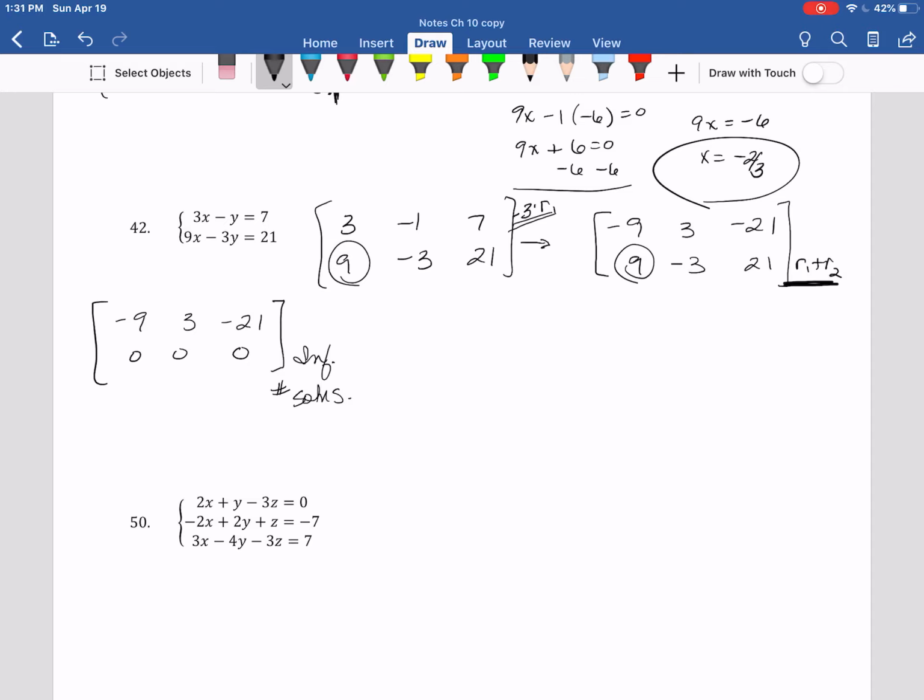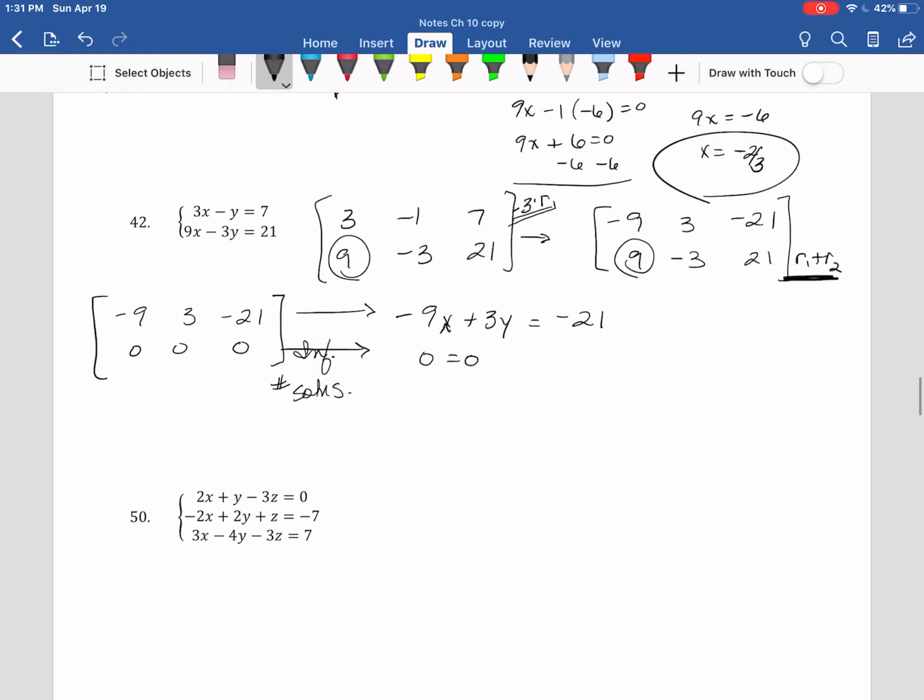So if I rewrite my top row as an equation in the same order for x, y, and equal sign, the bottom row is an equation. Technically, this is what it would look like. 0 is equal to 0. Okay, so that is another reminder of why we've got an infinite number of solutions.